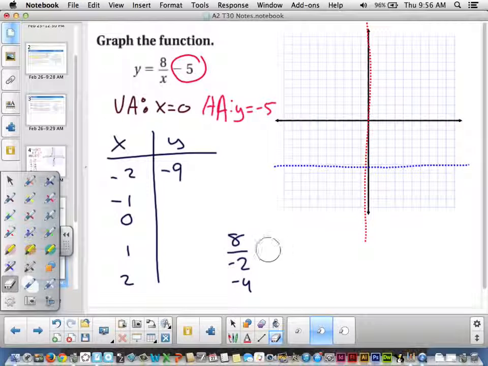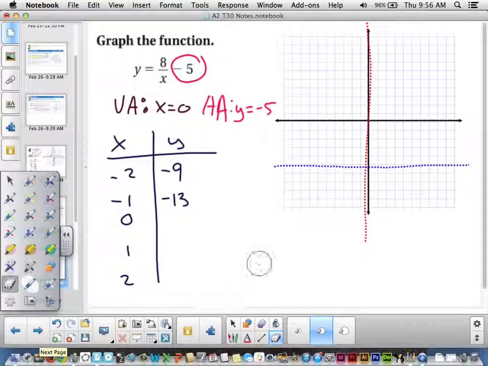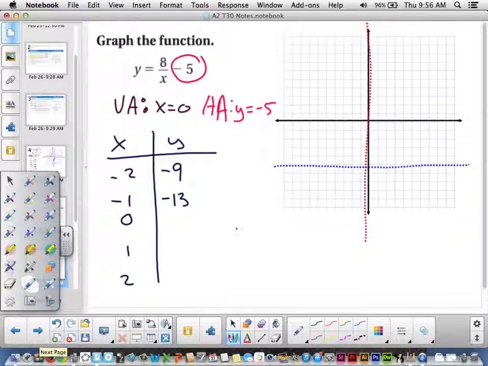All right, let's try -1. 8 over -1 minus 5, -8 minus 5 is -13. And if we plug in 1, 8 over 1 minus 5, that's 3. And 8 over 2 minus 5 is -1.